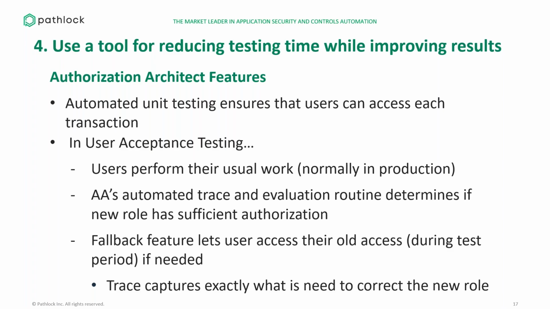It makes for a much smoother go-live, and tries to avoid things like I mentioned of not being able to run your payroll on day one. So that's a tool that is really, really nifty, and I think it's worth your taking a look at. But again, it's going back to the principle of reducing your testing time and improving your test results.